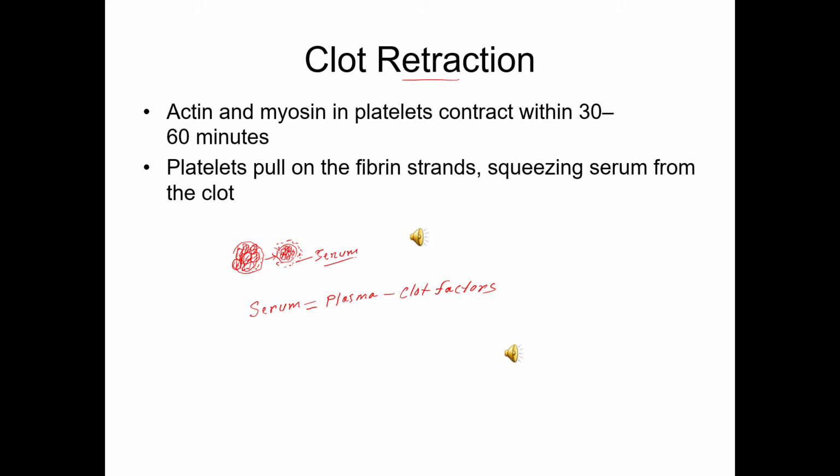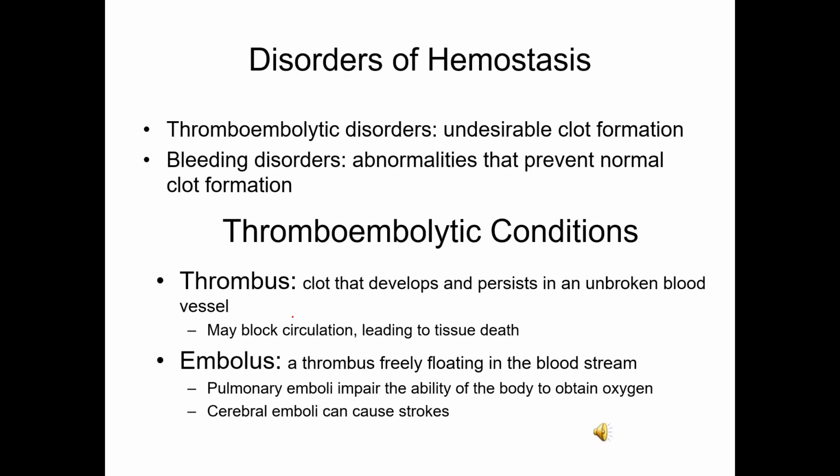When clot is formed here, the clot factors have been already used up, right, to form the clot. So clot factors of the plasma of the blood has been used to form the clot. So the liquid that remains and comes out, that one is plasma minus clot factors, and that is called the serum. So plasma has clot factors and serum has lack of clot factors.